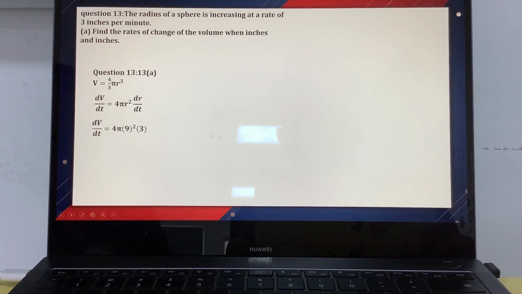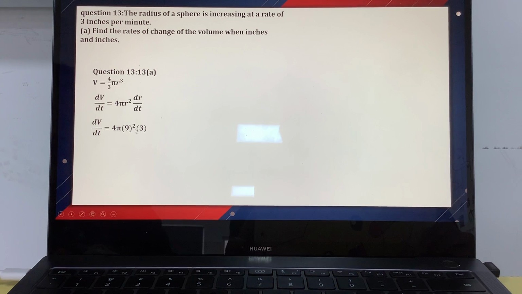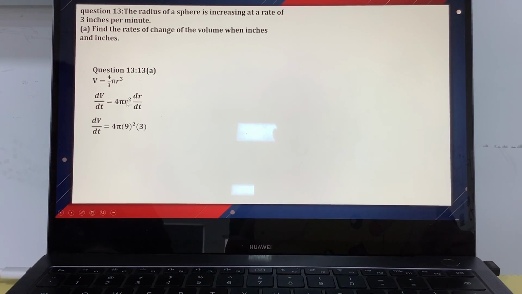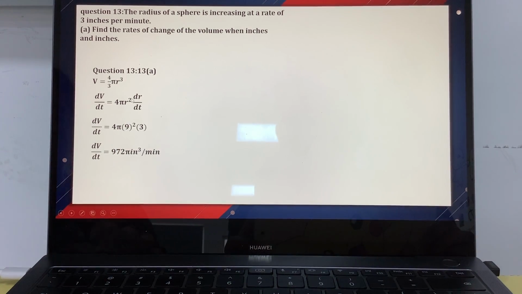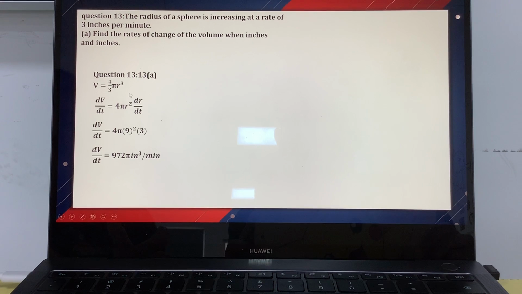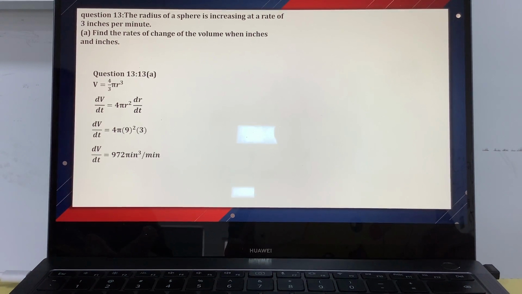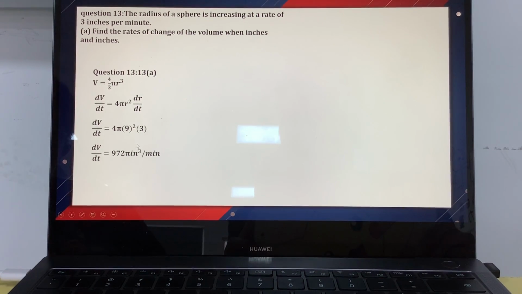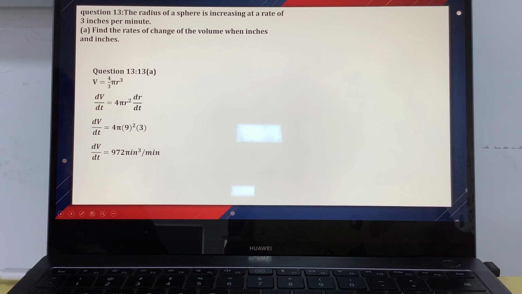We just need to replace dr dt and find the r squared number. So when we calculate, we can easily get dV dt equals 972 pi cubic inches per minute.